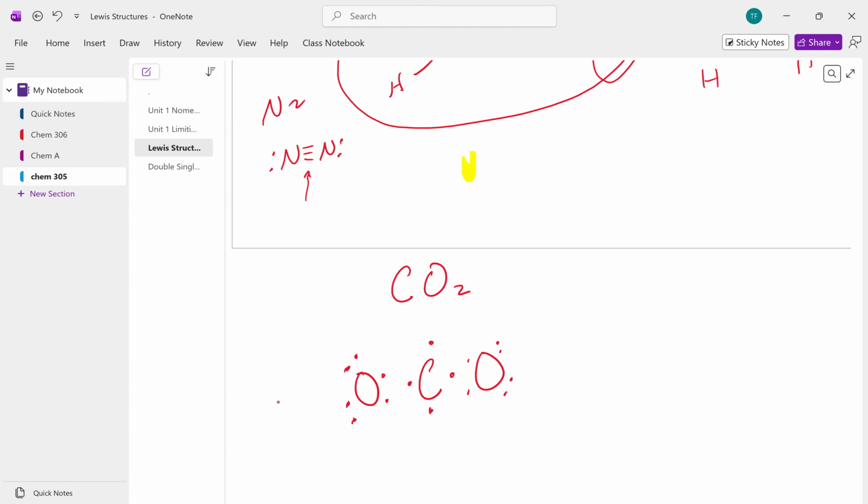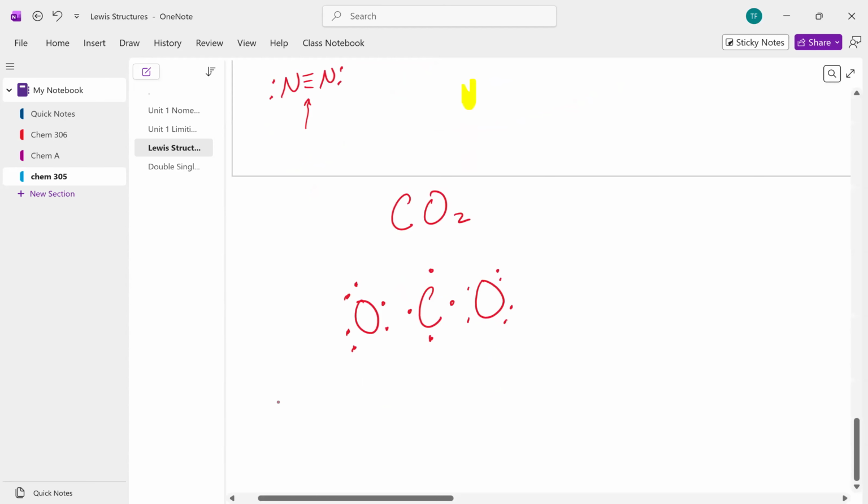Okay, step number 1. Step 2, we connect everything up with at least 1 single bond. Next question is, are there unbonded singletons? Well, yeah. 2 on the carbon and 1 on each oxygen.